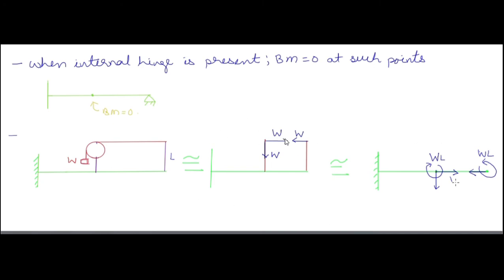So W has been acting horizontally in the right direction, and W is acting in the left direction also. This is W, and this is the bending moment induced by WL. So this is the final diagram, and you can compute the bending moment diagram and SFD for this.